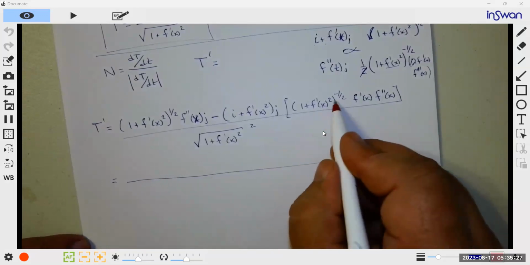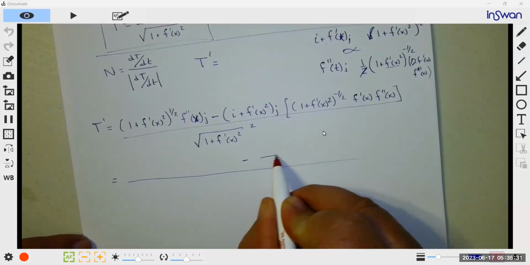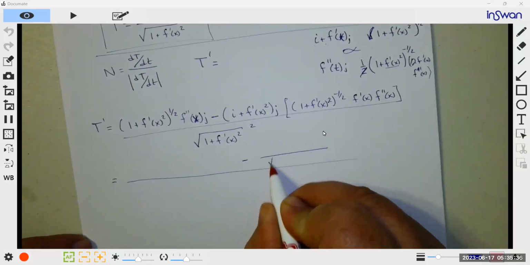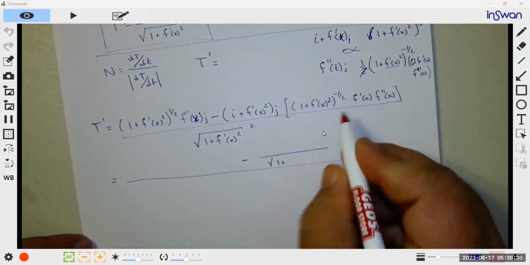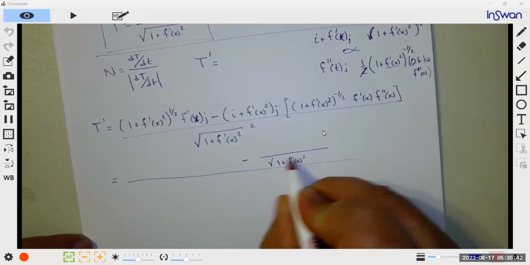Let's see, because we have a denominator here, radicals here. That's a negative, so it goes on the bottom, 1 plus f prime of x squared.